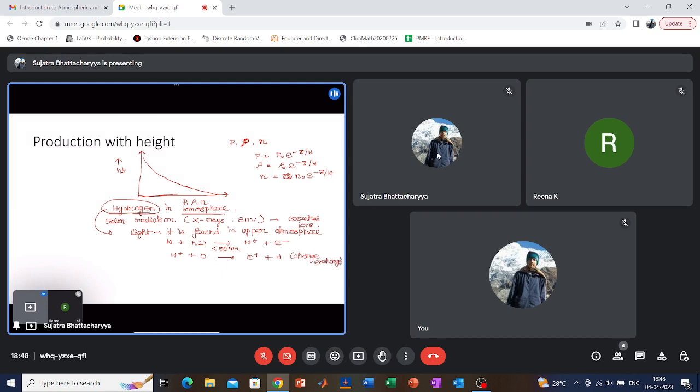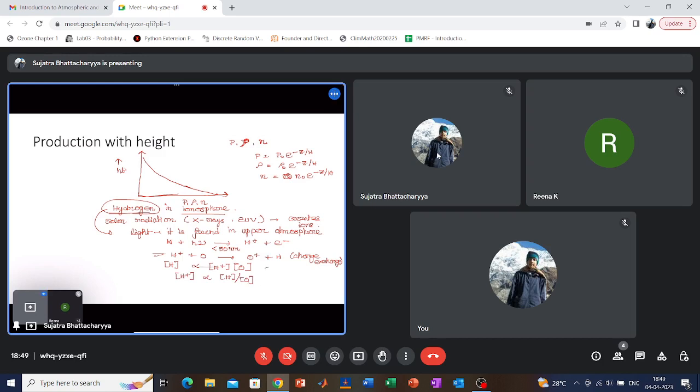So equilibrium, concepts of equilibrium, if you remember, it is generally the concentration of hydrogen will be just this forward thing. So H plus into O is proportional to this, and H plus, the ions, will be proportional to hydrogen divided by oxygen. This is the concept of the equilibrium.